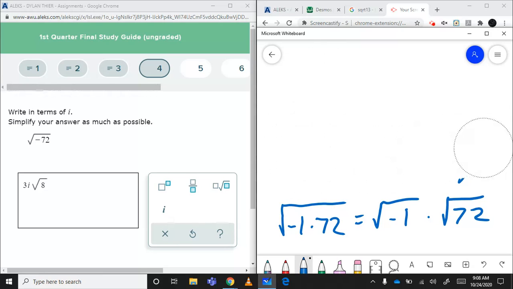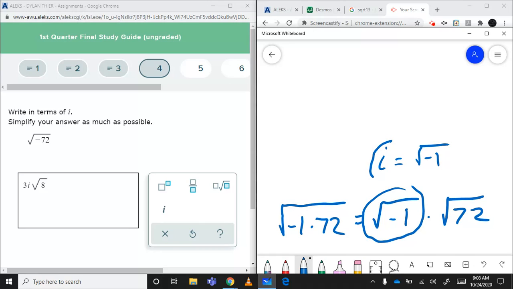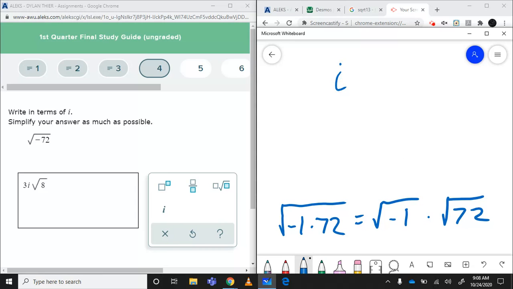We would typically not have an answer to what we think the square root of negative 1 is, but we have a different whole number system that exists to answer that question, which is called the imaginary numbers, where we say that i is the square root of negative 1. That's just what we define this little letter to mean. It is the answer to that question, what is the square root of negative 1? Okay, so what we are going to rewrite this as is i times the square root of 72.